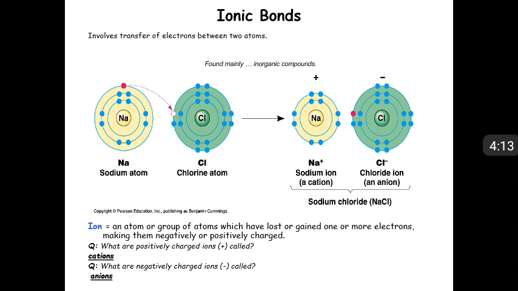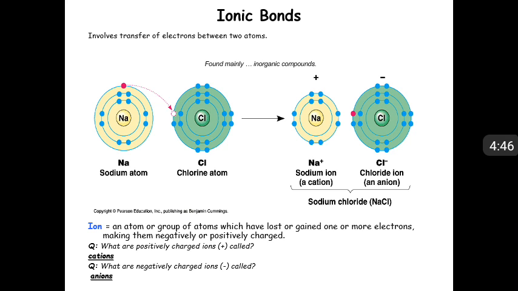That's why there is a definition of an ion: an atom or group of atoms which have lost or gained one or more electrons, making them negatively or positively charged, is called an ion. Suppose there is an atom; if it gives electrons or accepts electrons, and after that it becomes charged, negatively or positively, it is called an ion.